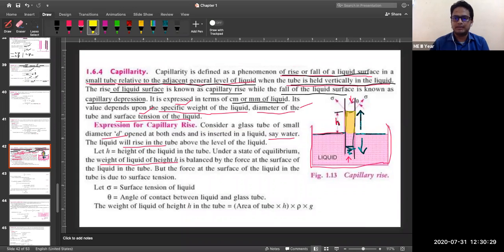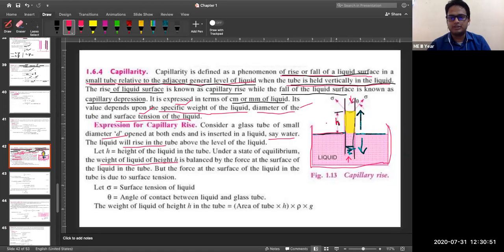Here I have marked it in yellow. The weight of the liquid in this region in equilibrium will be equal to the surface tension force. Now we will equate them and get the value of h.